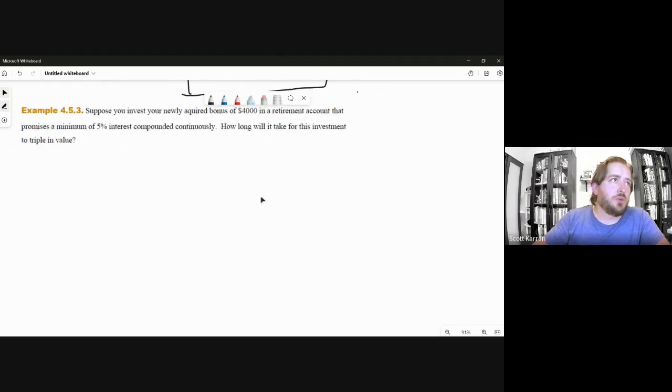Suppose you invest your newly acquired bonus of $4,000, so A naught is $4,000, into a retirement account that promises a minimum of 5% interest. So R is 0.05. It does say minimum, but we're going to run with that minimum.